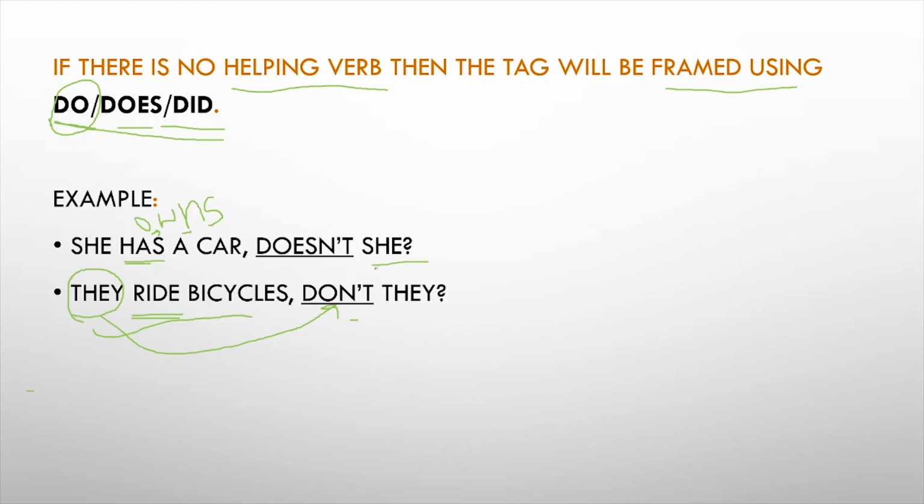She is singular, so I have to use doesn't she. I cannot use hasn't she because has is not a helping verb here. So these are the frames. If there is no helping verb, guys, then use do, does, or did. That is what I wanted to tell you.